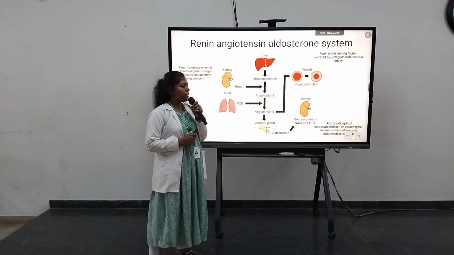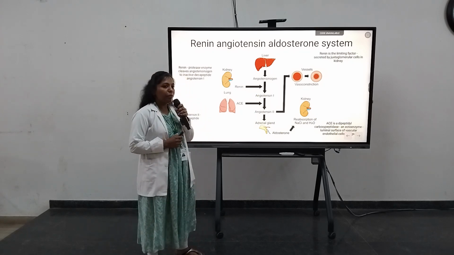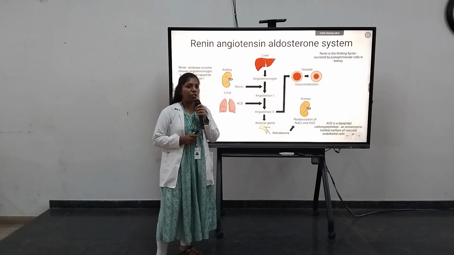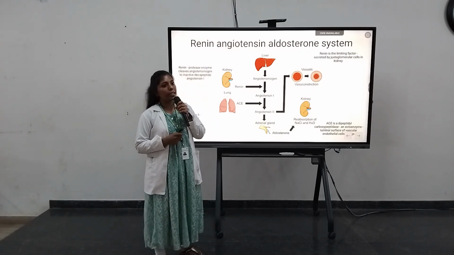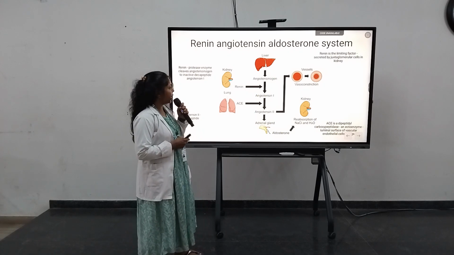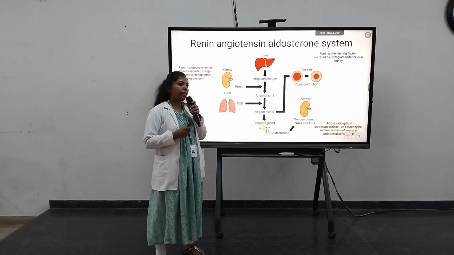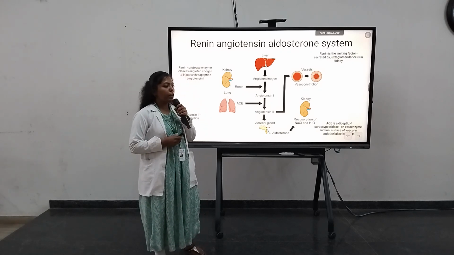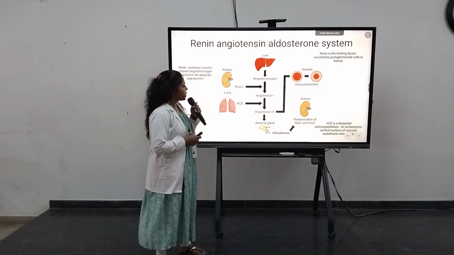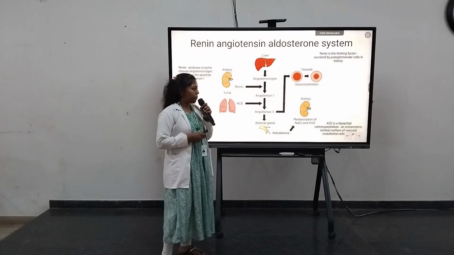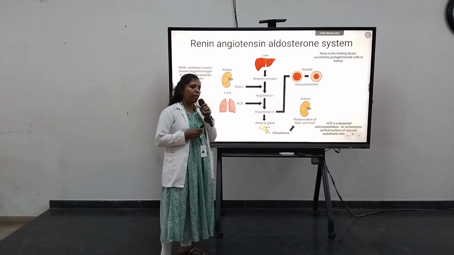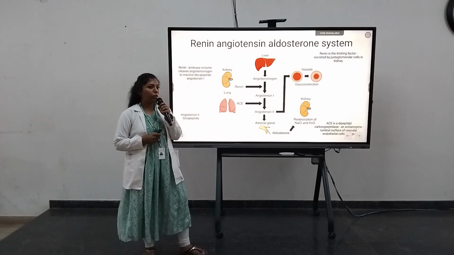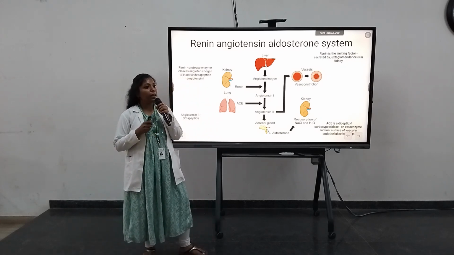The juxtaglomerular cells of the kidneys release the renin, and this renin will cleave the angiotensinogen and release angiotensin 1. Angiotensin 1 will be acted upon by the angiotensin converting enzyme, a peptidyl dipeptidase, which is an ectoenzyme present on the luminal surface of the vascular endothelial cells, especially in the lungs.